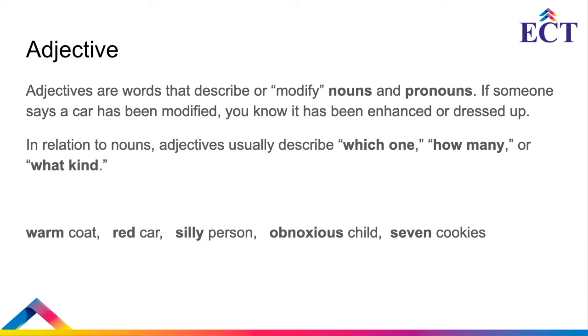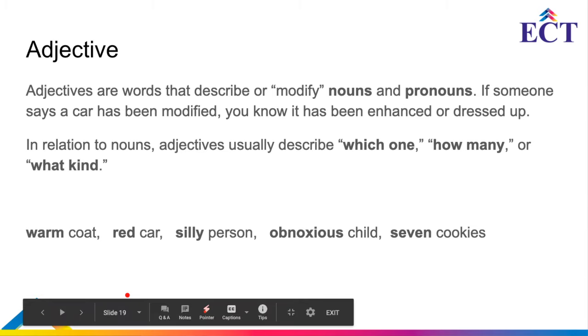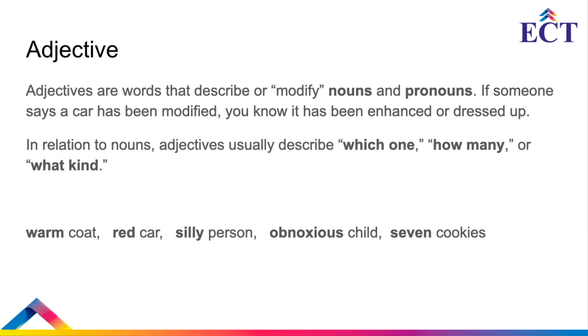In relation to nouns, adjectives usually describe which one, how many, or what kind. For example, warm coat, red car, silly person, obnoxious child, seven cookies. In these examples, it is modifying the nouns. That is why we call them adjectives.